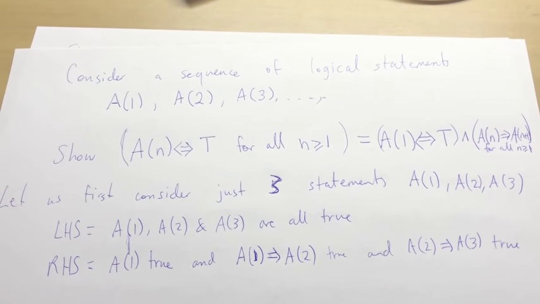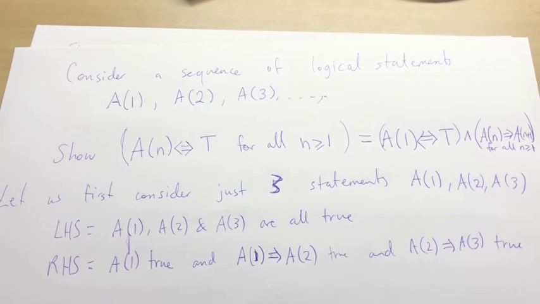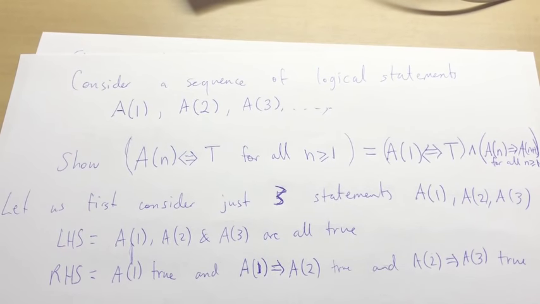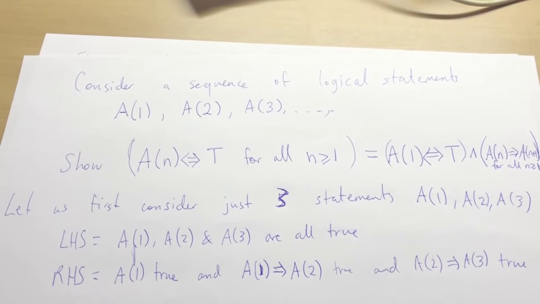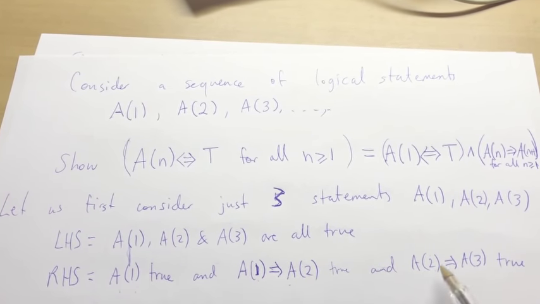Can you see that if all of A1, A2, and A3 are true, then it's clear that A1 is true, A1 implies A2, and A2 implies A3?